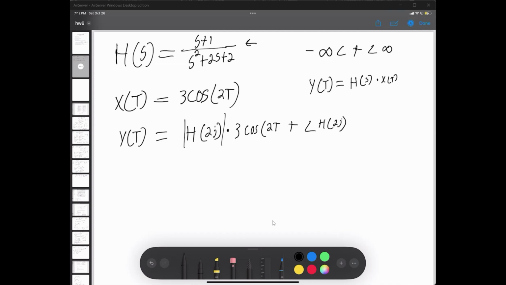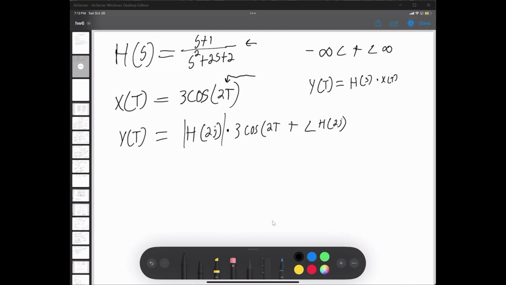It's a good thing we'll start off by looking at x of t, 2t. What is that saying? Well, it has an angular frequency of 2. And when you multiply the input into this transfer function, that angular frequency is not changing. But the amplitude and the phase shift will be changing.